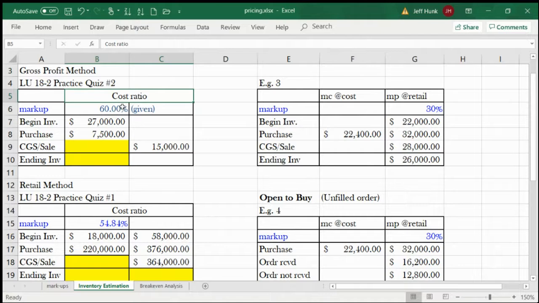But if you want to express it as markup rate based on cost, right? That's 40 over 60, right? 2/3, right? 2/3 would be what? Like 67% would be 2/3, right?